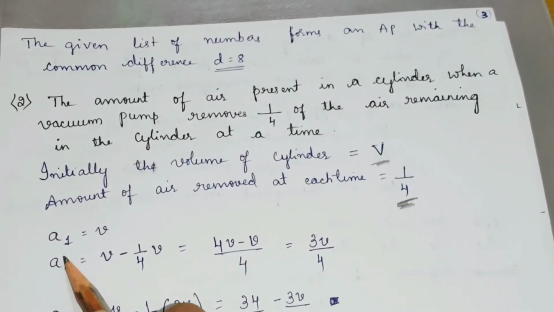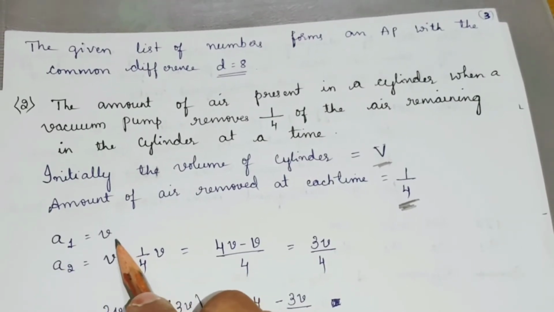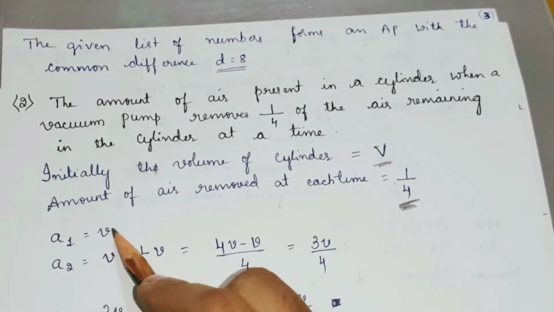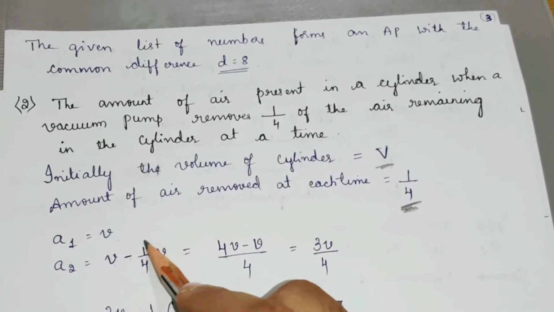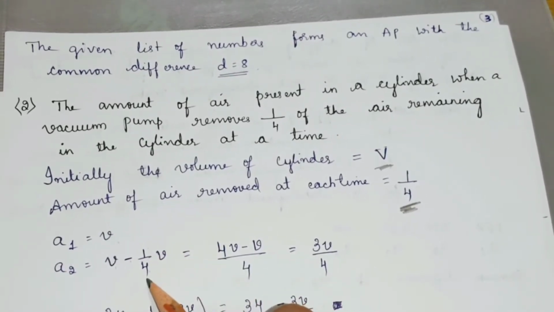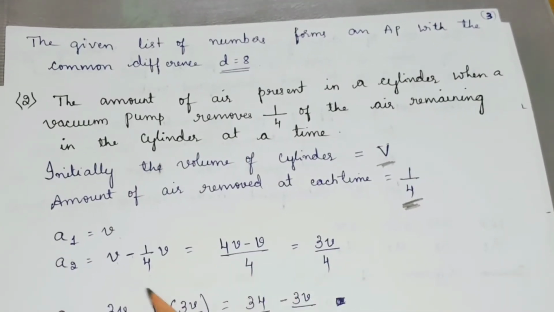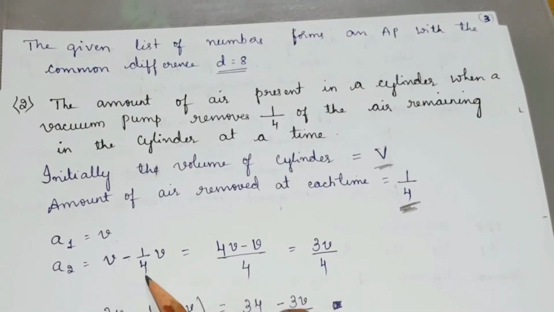Now let's take the first term A1 as V, and the second term as the first term minus 1/4 of the volume. Did you understand? Now simplify this.